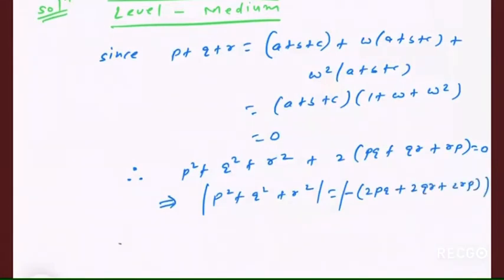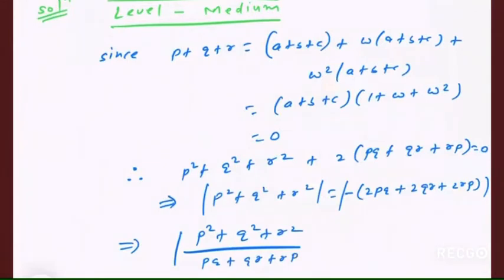Then closing the mod, taking minus 2 common, and dividing both sides by mod of PQ plus QR plus RP, we are getting the correct answer, that is equal to 2. So this question was of moderate level difficulty, and obviously a very good question. If you could have solved this question on your own, this would have boosted your confidence, definitely.